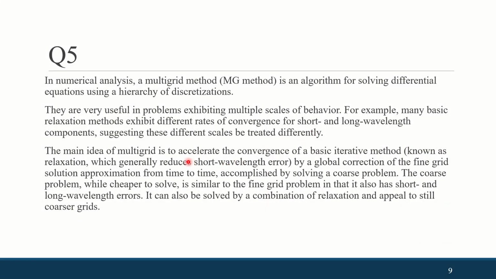The main idea of multigrid is to accelerate the convergence of a basic iterative method, which generally reduces the shorter wavelength error, by a global correction of the fine grid solution approximation from time to time, accomplished by solving a coarser problem. So basically, it accelerates the convergence rate in the basic iterative problems.